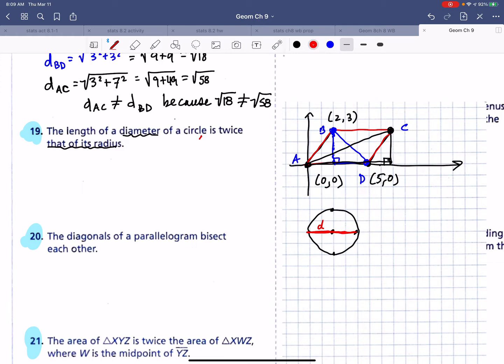The length of a diameter of a circle is, so D is twice that of its radius. So my radius is 2. D is 4, and it says is twice that of my radius.